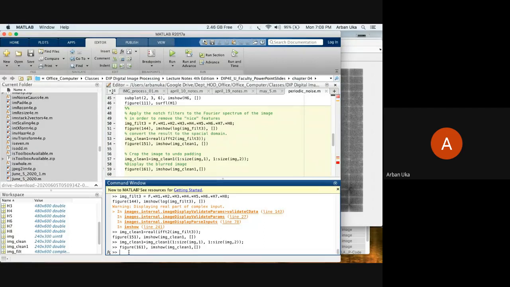So we can say figure 162, imshow image clean minus image clean 1. Let's not forget that these were the two subsequent outcomes when we were cleaning the data in the frequency domain. And let's make this figure 162.